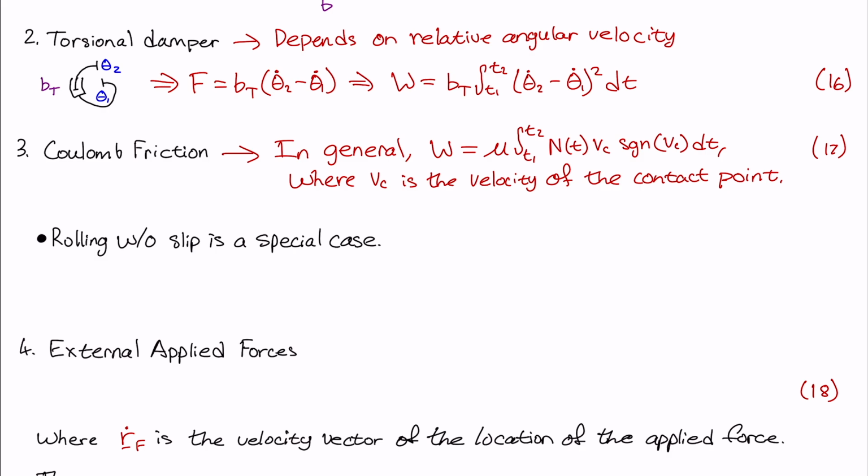So when I said velocity of the contact point, this is the velocity of the contact point tangent to that surface, tangent to that normal vector.